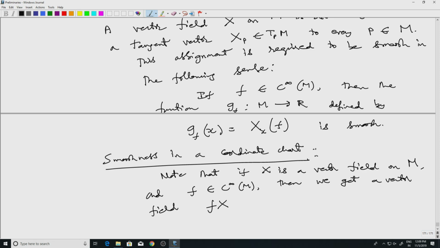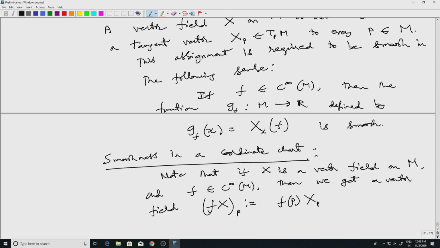So let's take a point p, and this is defined to be f of p, which is just a real number, times X_p, which is the tangent vector given by the vector field X at the point p.